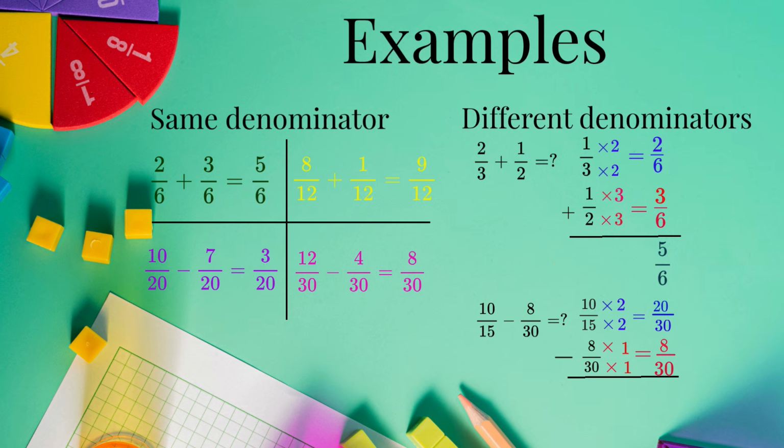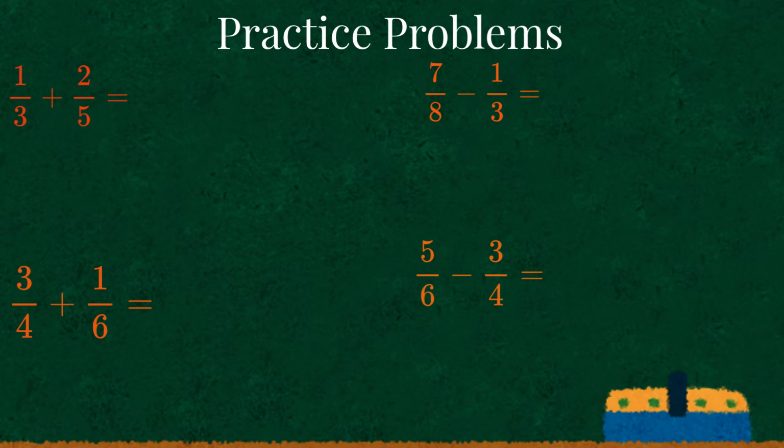So now I simply subtract my two numerators, which is 20 and 8. And I keep my denominator the same. So now 20 minus 8 gives me 12, and that fraction becomes 12 over 30.